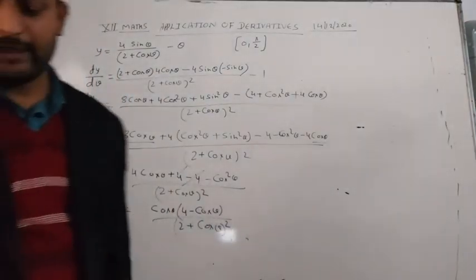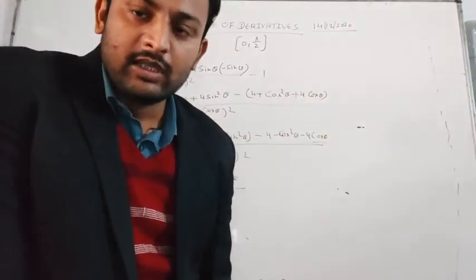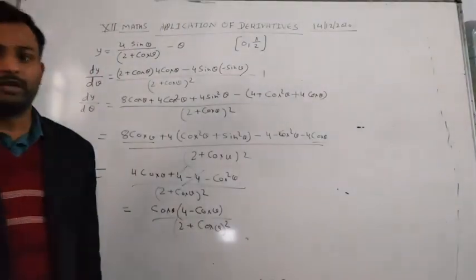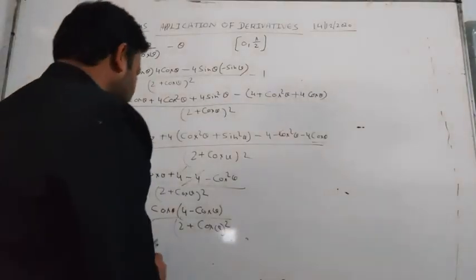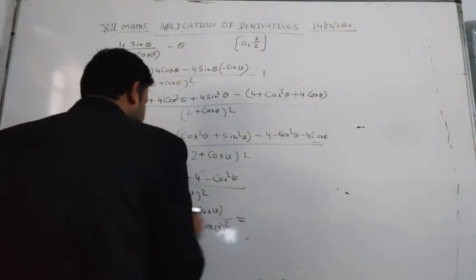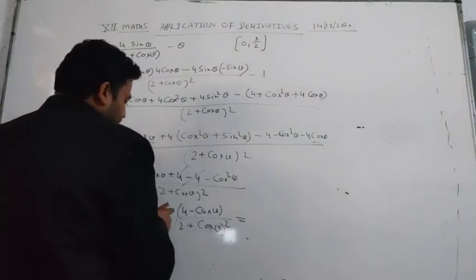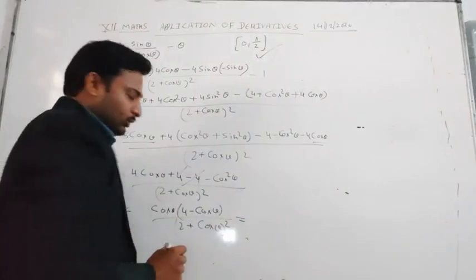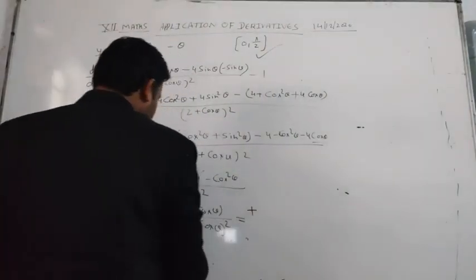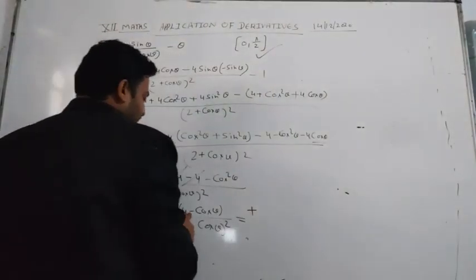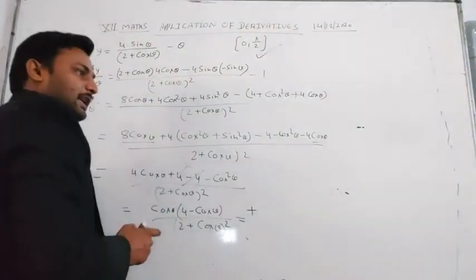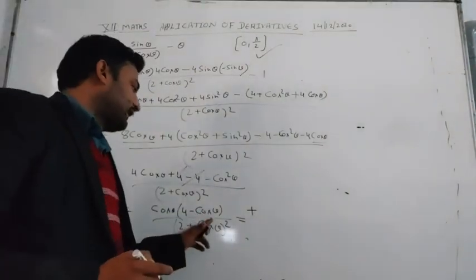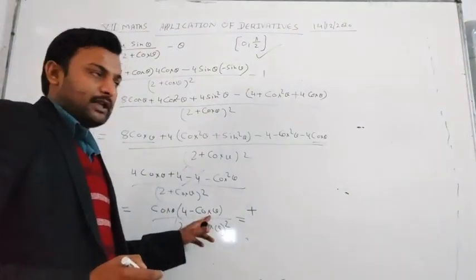Now we know that for a function to be an increasing function, our f dash x should be greater than 0. Okay, students, so let's check. This is our cos theta. Our cos theta is positive in first quadrant, 0 to pi by 2, so this is a positive term. Now this is 4 minus cos theta, and cos theta range is minus 1 to 1, so we are writing any number between minus 1 to 1.